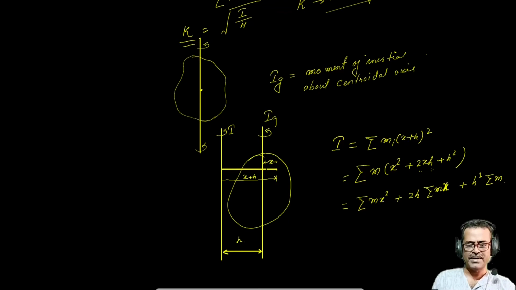Sigma m x square is the moment of inertia about the centroidal axis, Ig.